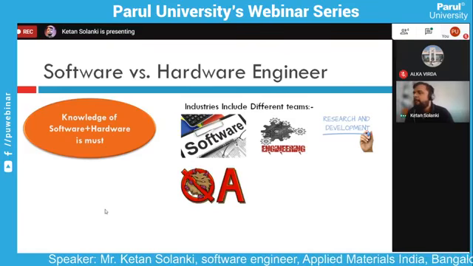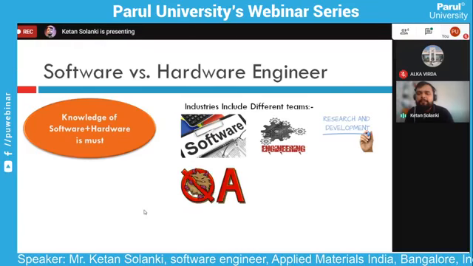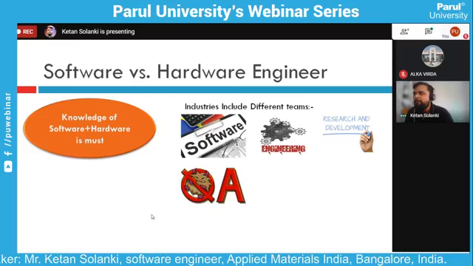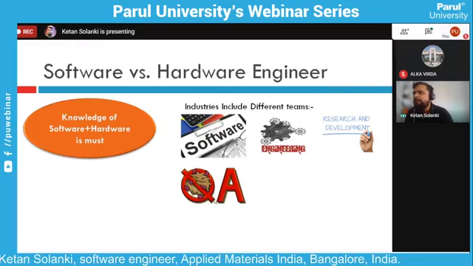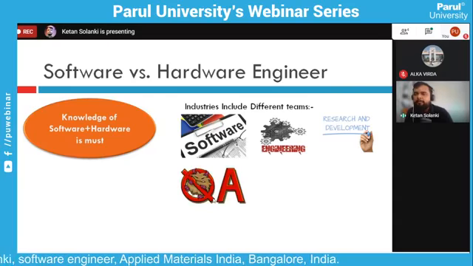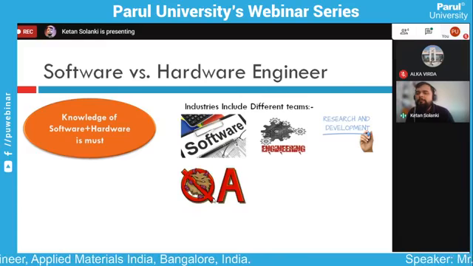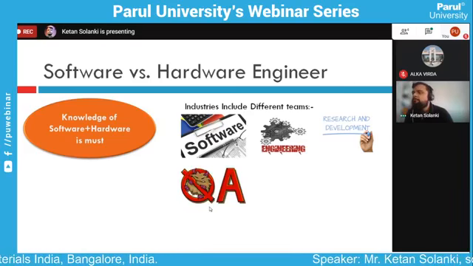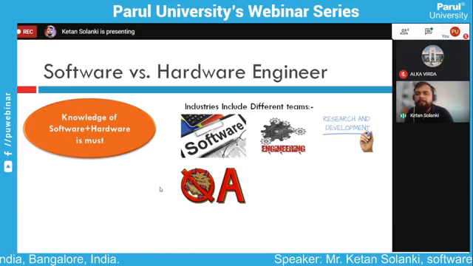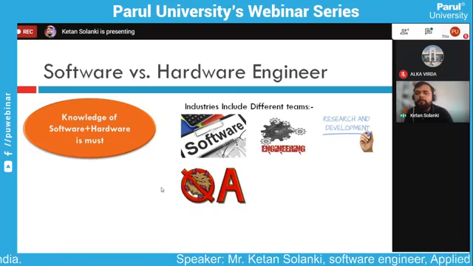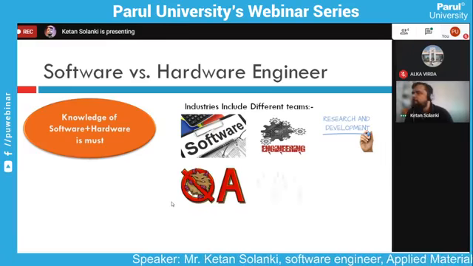Then we have a QA team, basically a group of testers, maybe software testers or hardware testers, who will diagnose where the hardware fault is, or look at bugs and what enhancements are required in the software.